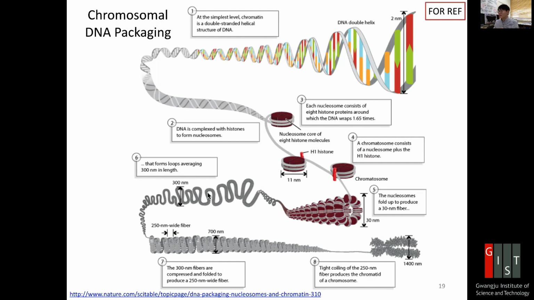And that forms loops averaging about 300 nanometer. And these 300 nanometer fibers fold to this. And this coiling results in this final chromosomal structure, which is visible with our microscope.